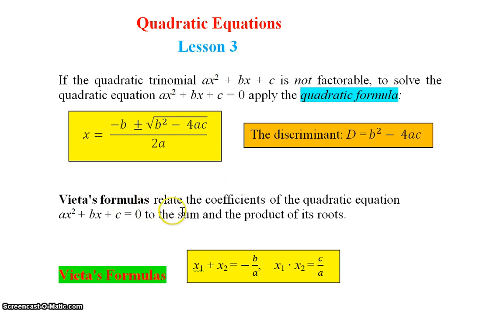Vieta's formulas relate the coefficients of the quadratic equation ax squared plus bx plus c equals 0 to the sum and the product of its roots.